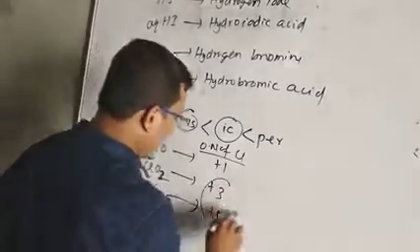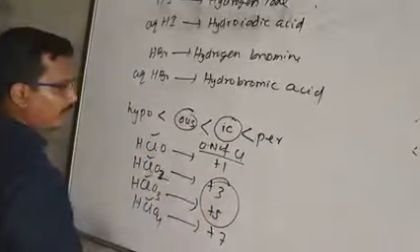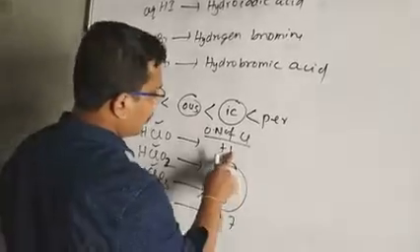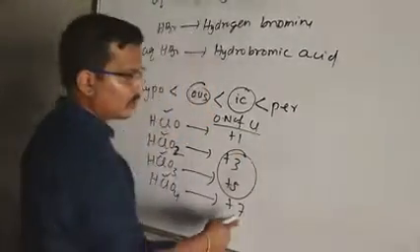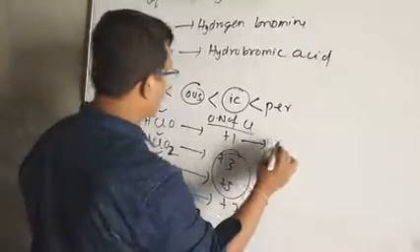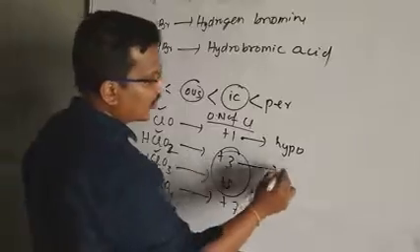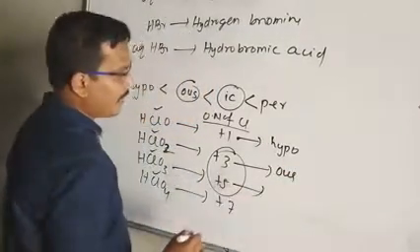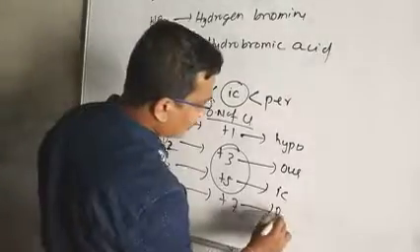Generally +3 and +5 are represented as ous and ic. The least oxidation number, +1, and the highest, +7, so +1 corresponds to hypo, +3 corresponds to ous, +5 corresponds to ic, and +7 corresponds to per.